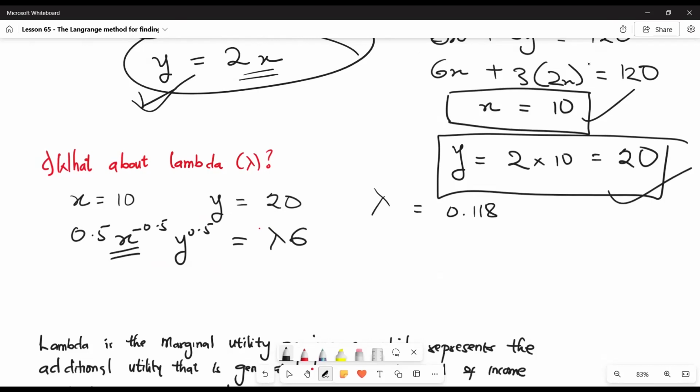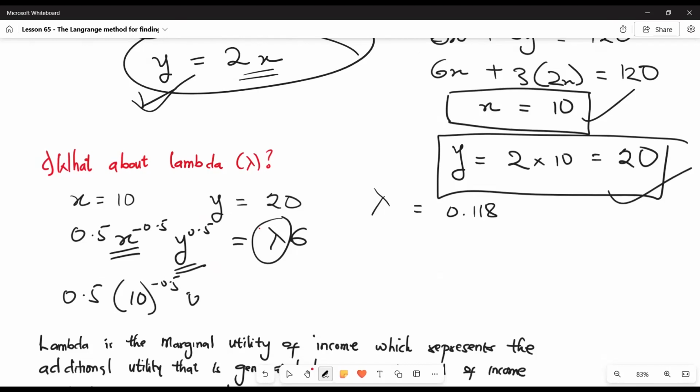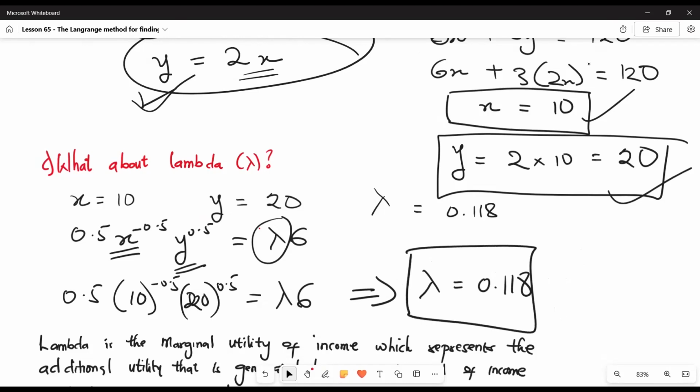So we know what x is, we know what y is. Let's simplify lambda. So we have 0.5, and then we have 10 raised to the power minus 0.5, we have 20 raised to the power 0.5 being equal to 6λ. So this function is simply going to give us lambda being equal to 0.118.